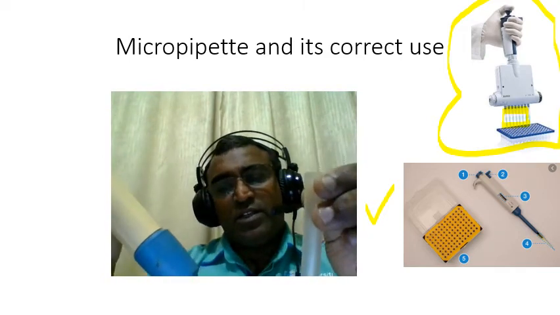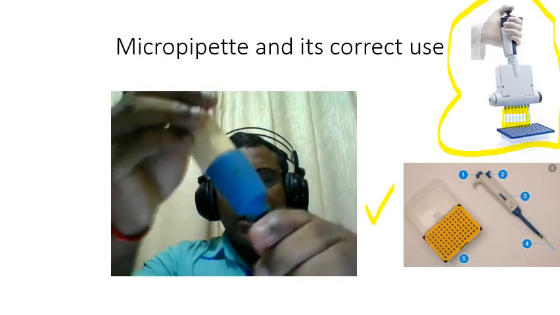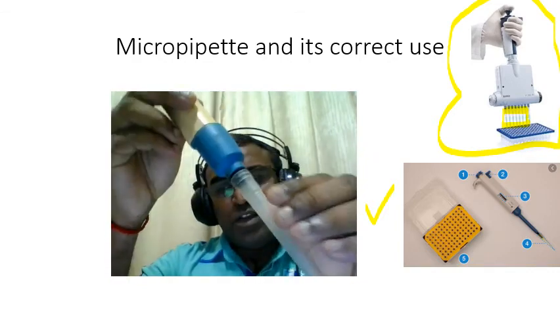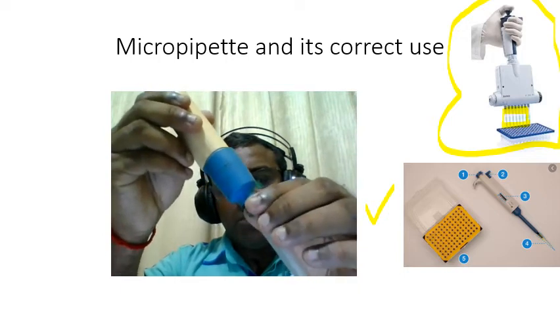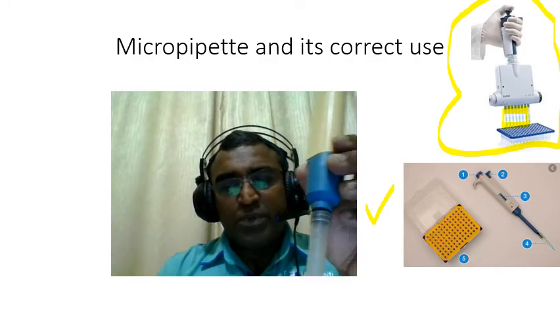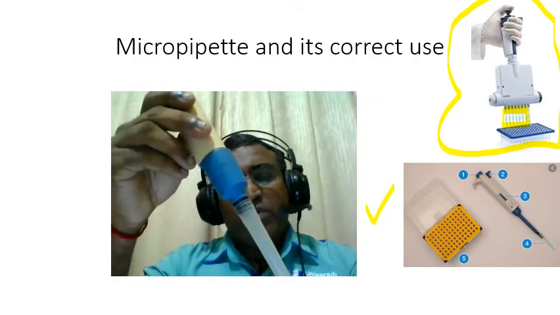So the next thing is to put it at the tip here. Okay, tip. So this one I use my hand to adjust or tighten the tip at the bottom. But if you are working with microbes, it is not advisable to hold the tip without a glove.